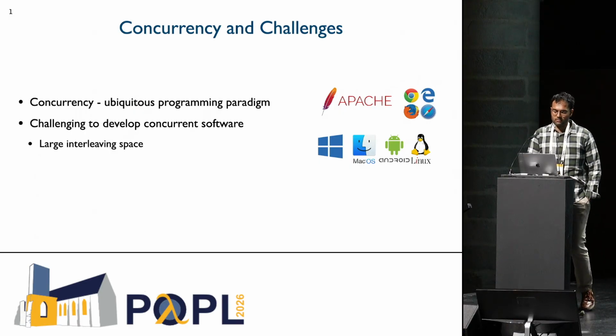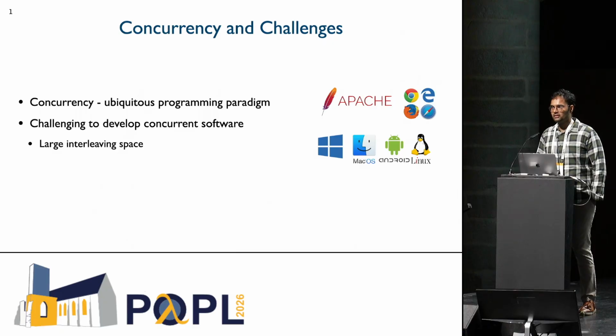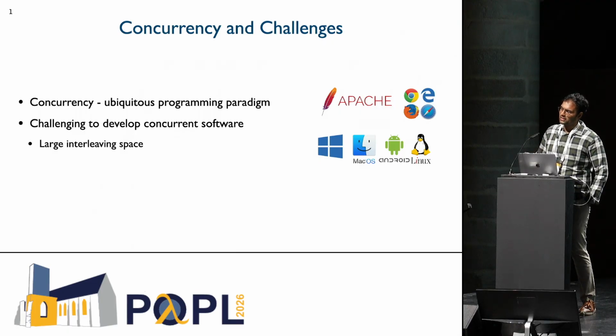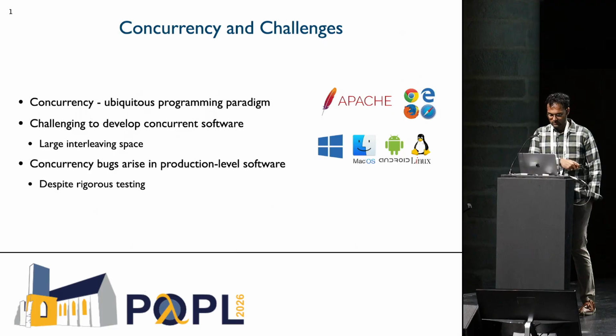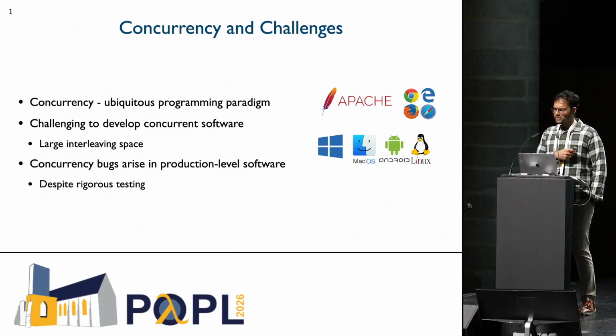But at the same time, we have to acknowledge that developing concurrent software is not an easy task, primarily because if you really go and reason about all interleavings, that's a very large space of interleavings. And for this very reason, many concurrency bugs escape into production level software, and that's not ideal.